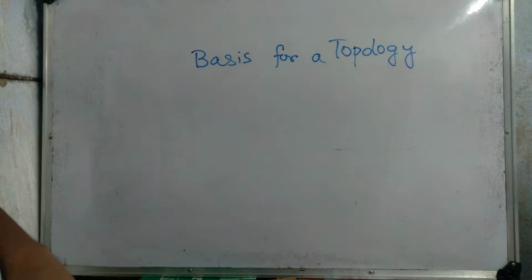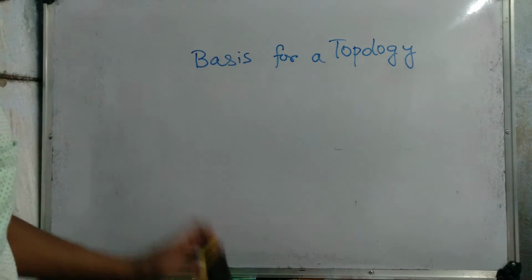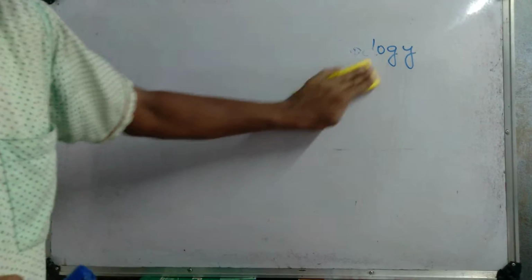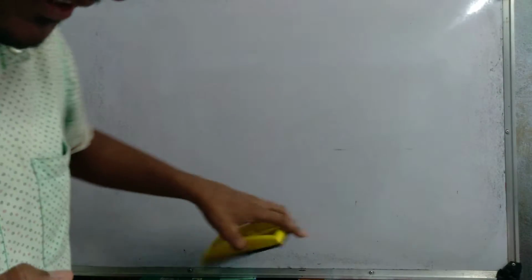Now we start the basis for a topology, the remaining part after the lemma and example. Previously we saw that tau dash is finer than tau. That means we compare two topologies tau and tau dash on a set, and these two topologies have two basis elements, script beta and script beta dash.